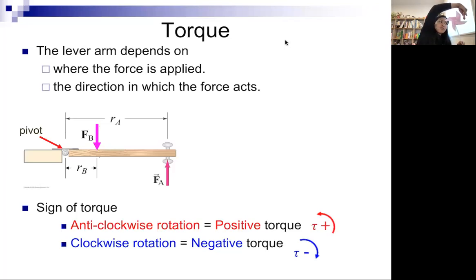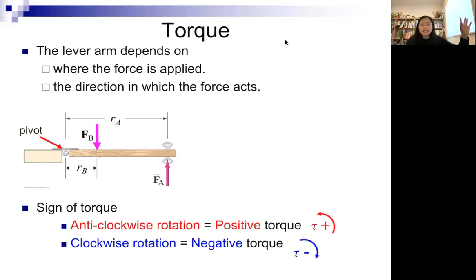Do you think this will give you a positive torque or a negative torque? Good. Negative torque, because the tendency of this downward push on this end is to rotate the pinwheel in a clockwise direction, and therefore the torque that is provided by this downward force should be negative, right?